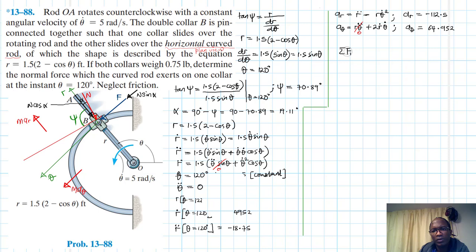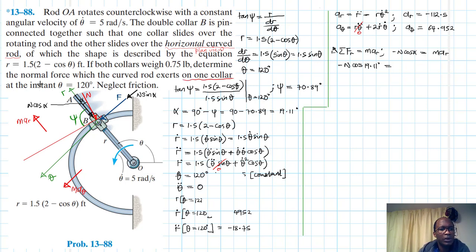Right, so let's apply the equations of motion. So we have summation of forces in the r direction equal to m ar, going up in our reference. In that direction we have minus n cos alpha equal to m ar. So we have minus n cos alpha, and alpha we calculated it as 19.11 degrees, equal to m. Then here we are just dealing with one collar.